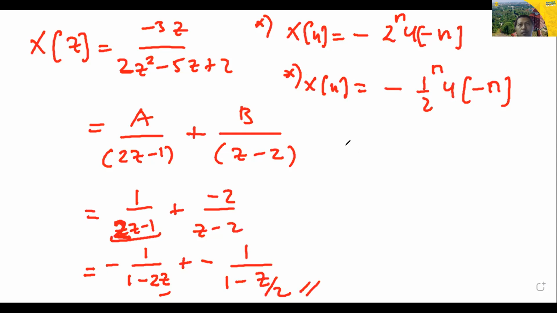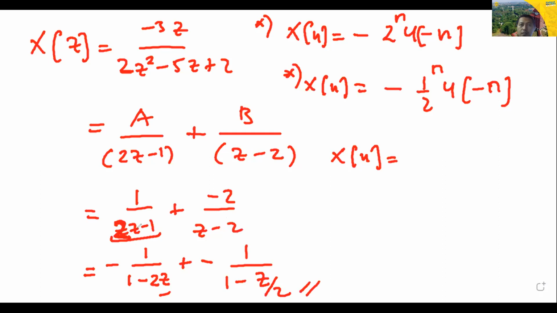So in this case, x[n] is: this minus already.